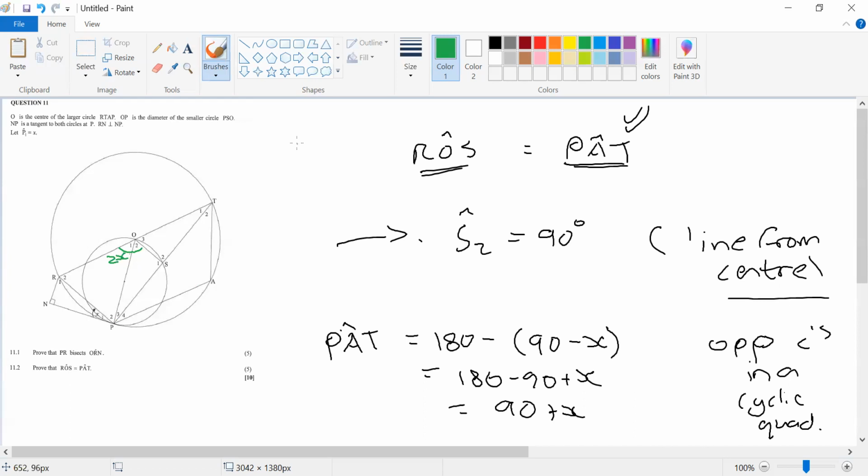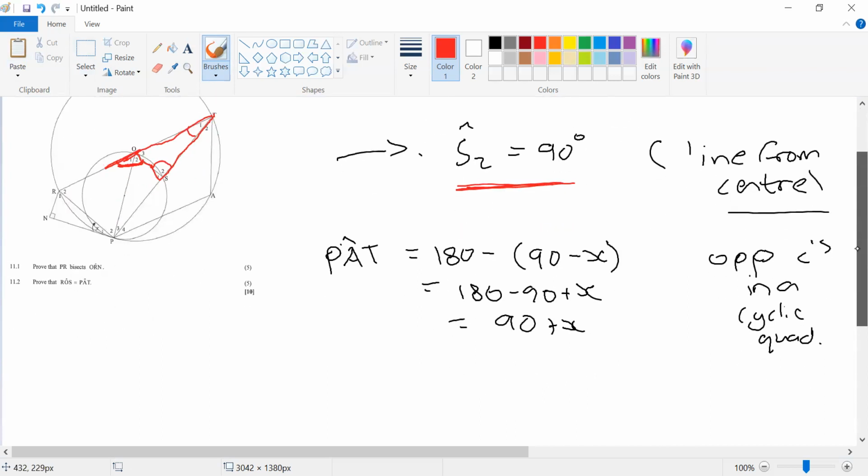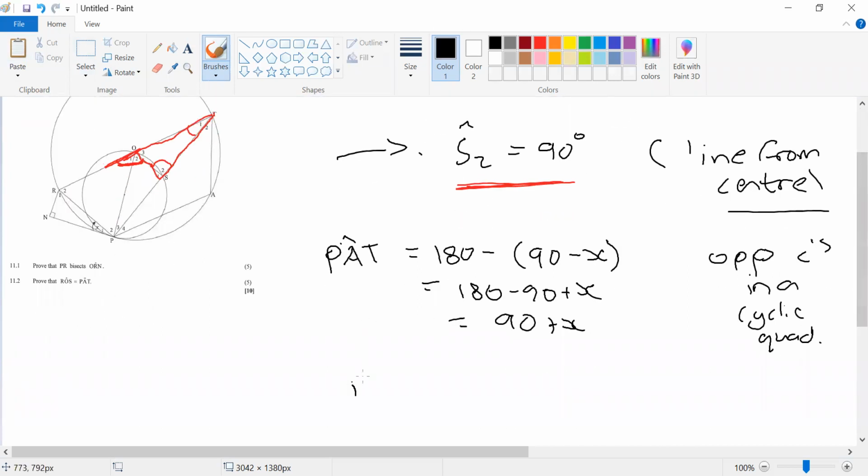All right, so this is what you can actually do. We've already established that S2 is equal to 90. So if you don't want to calculate O2, what you can instead do is to figure out this angle right here. That is actually an external angle to this triangle, correct? This would be an external angle, which would mean that it's the sum of this angle and this angle. So I'll just set up that equation and say that angle ROS is equal to angle S2 plus angle T1.